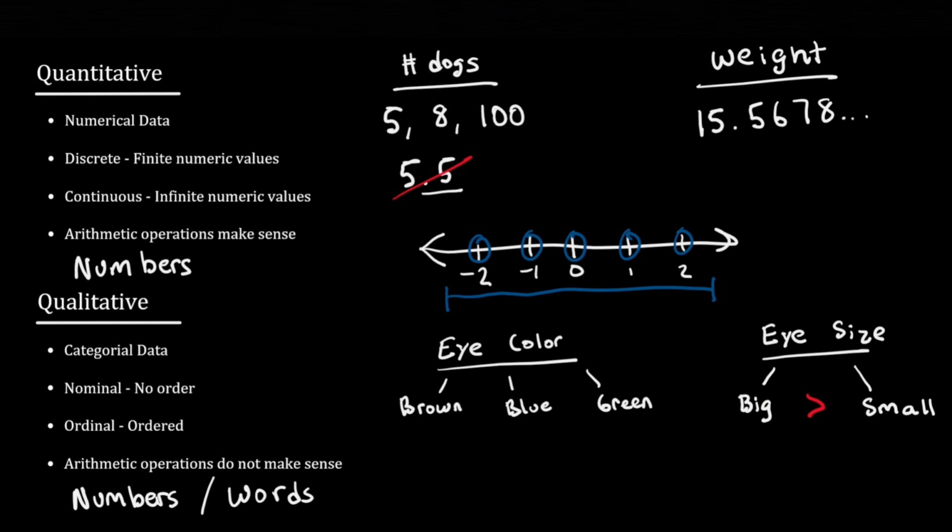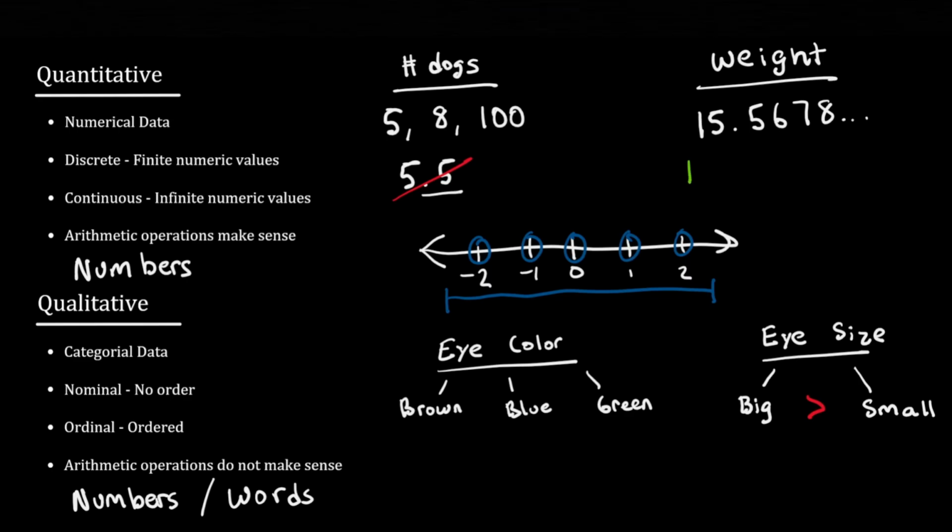An easy way to determine if your variable is quantitative or qualitative is to see if arithmetic operations like addition, subtraction, multiplication, division, or even averaging make sense. If we go back to our weight variable, we can see that addition makes sense. Let's say something weighs 15 pounds.